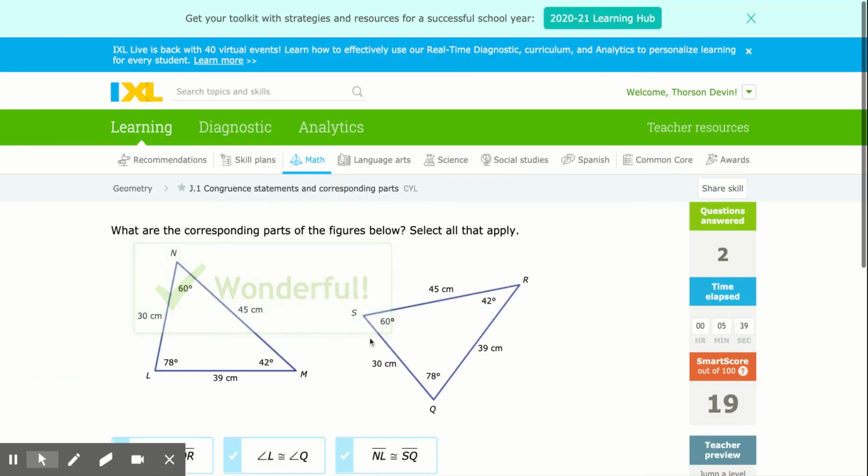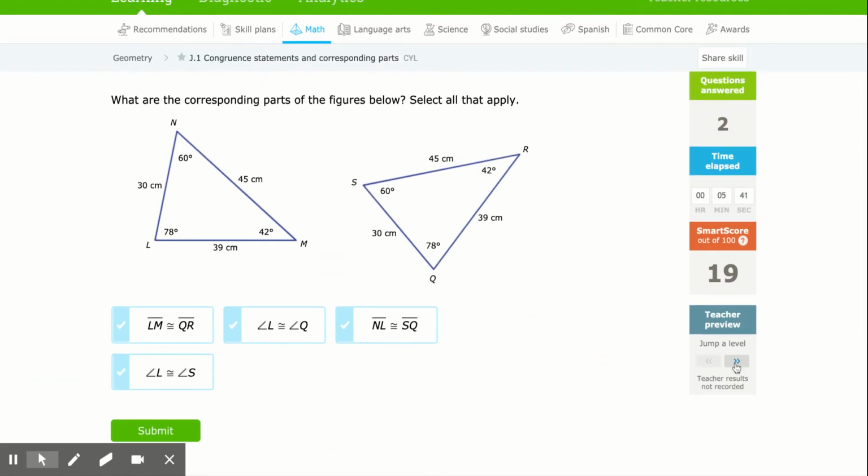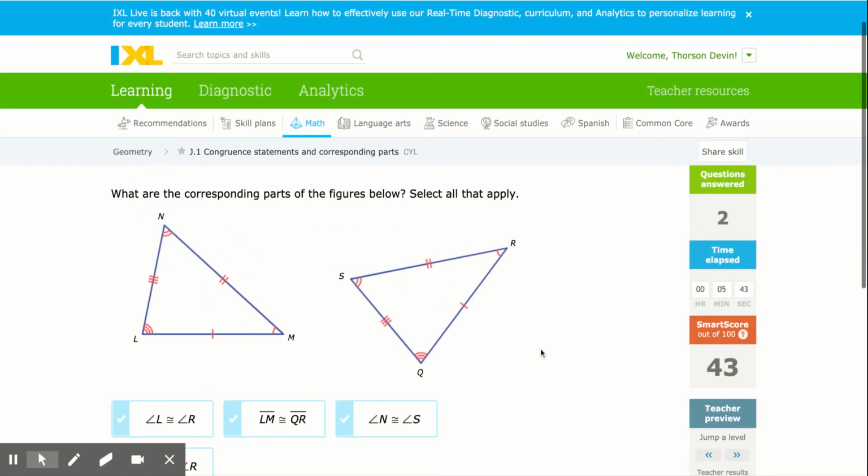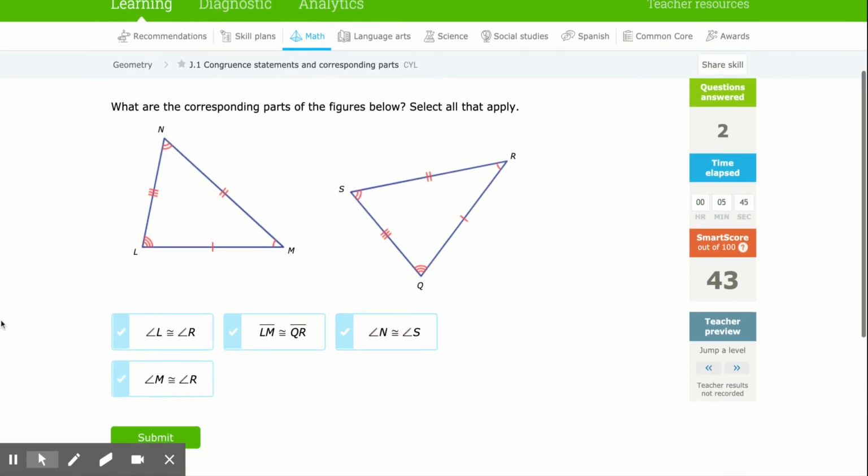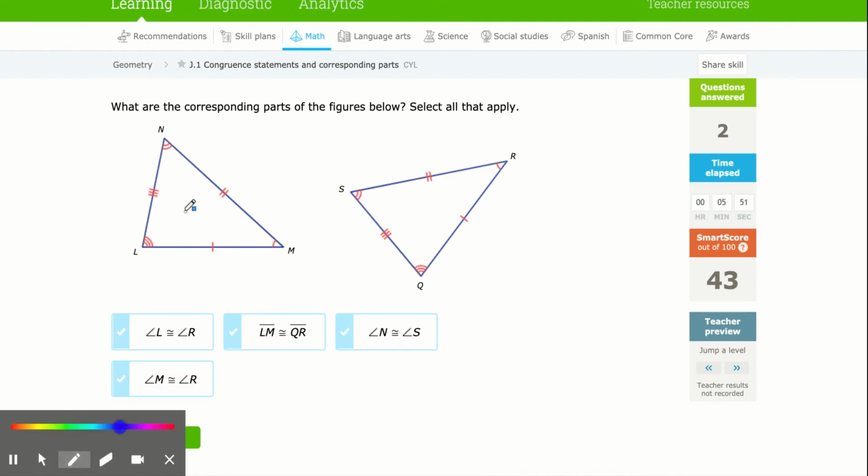Again, what we're trying to do is get you familiar with looking for corresponding parts. Now in these images, they're not actually giving you the length, they're indicating which ones are congruent by tick marks and little arcs. The side that has one tick mark is going to be congruent to the side that has one tick mark on the other triangle.